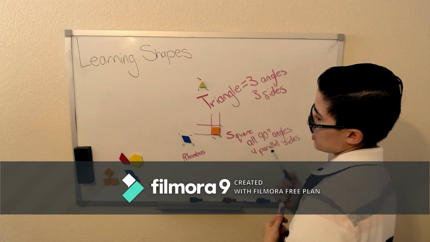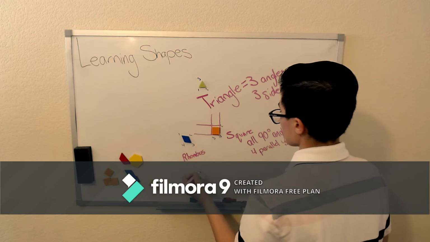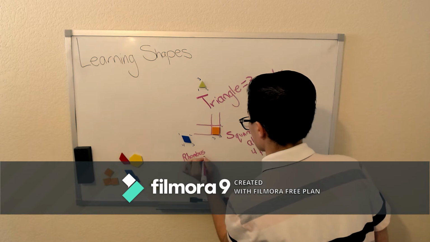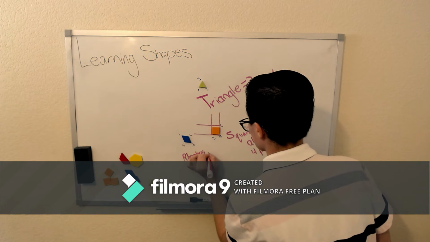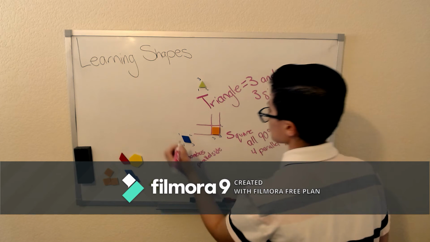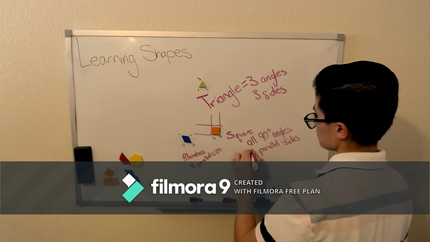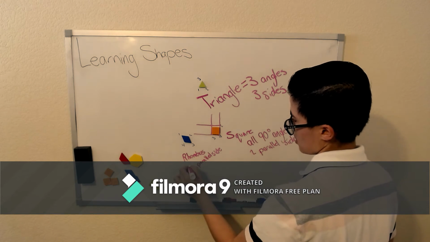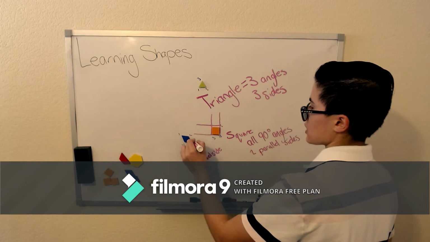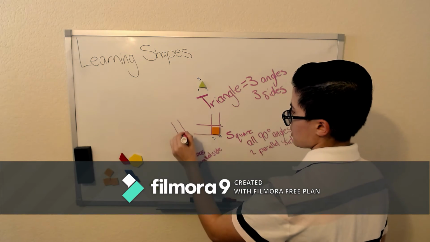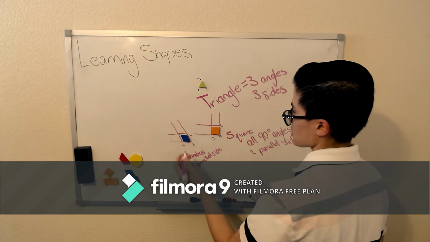The difference here on the rhombus is that it does have 2 parallel sides, so this side and this side will never touch, and this side will never touch.